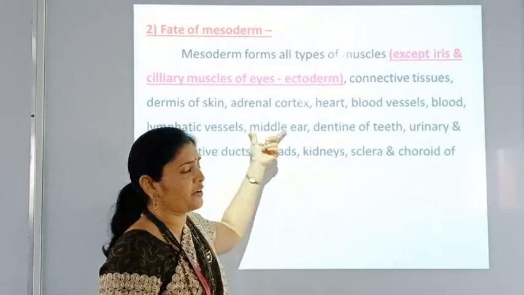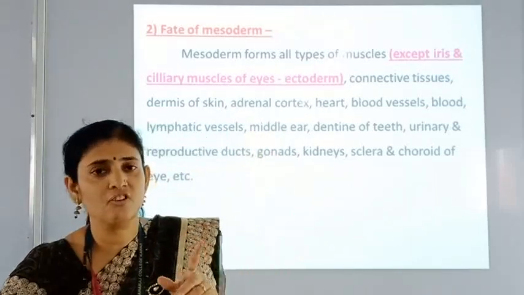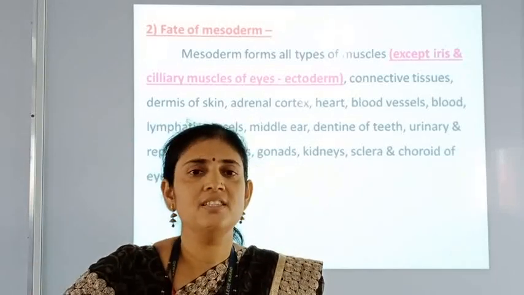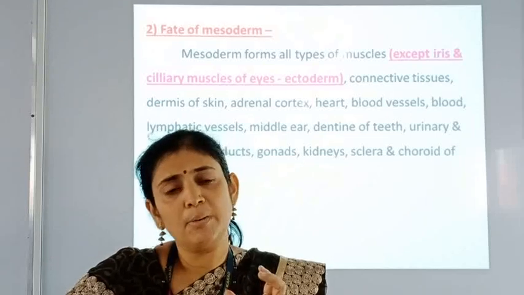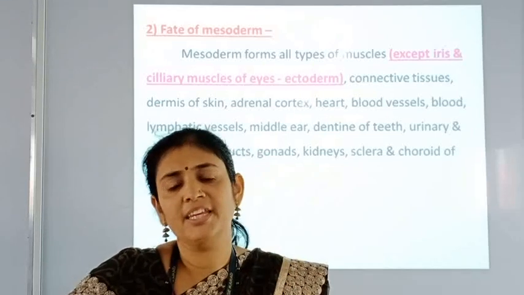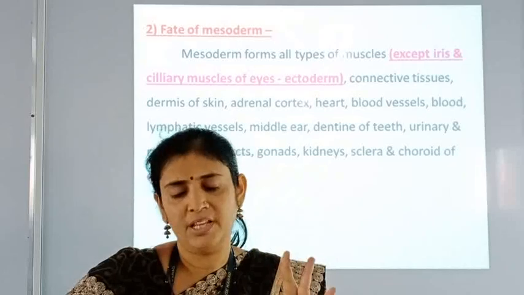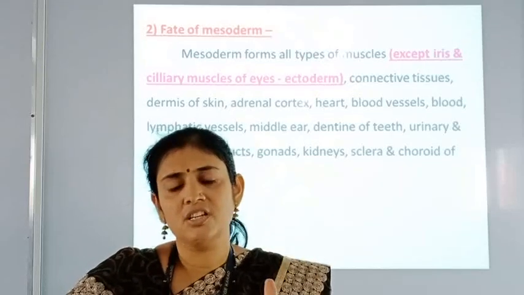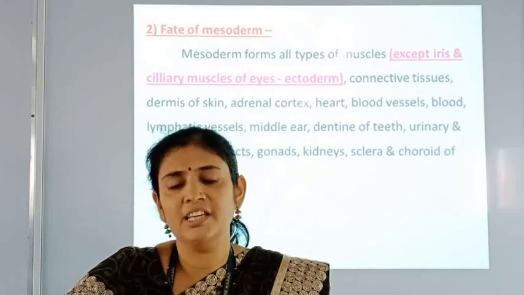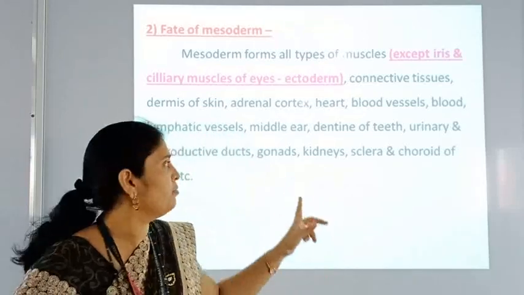Then middle ear. As we have seen, the middle ear consists of a cavity called the tympanic cavity, and in that cavity 3 ear ossicles are present: malleus, incus and stapes. All these structures present in the middle ear are derived from this mesoderm.